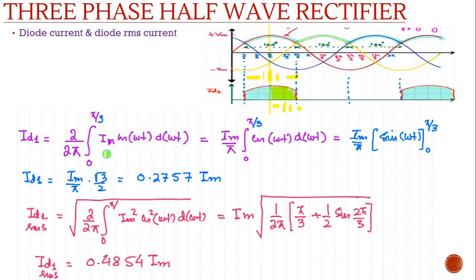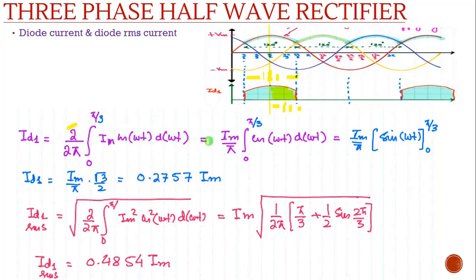The wave resembles a cosine wave, Im cos omega t d omega t, and since the total time period is 2 pi, it is 1 by 2 pi. This 2 indicates I have taken half of the area, so one part and second part, it should be into 2.